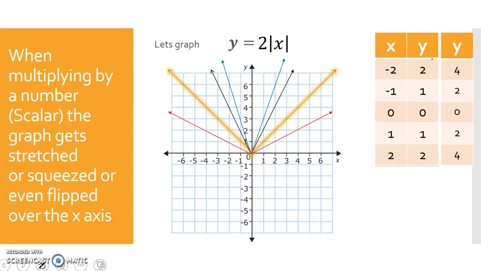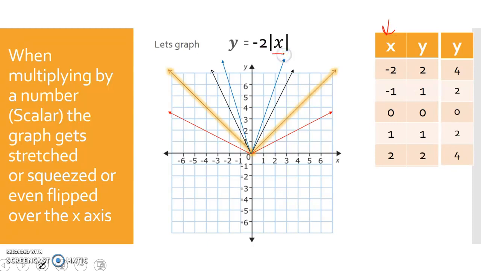So when multiplying by a number, or what's called a scalar, the graph gets stretched or squeezed, or it could get flipped over the x-axis. Let me show you what this would look like. Instead of multiplying by a positive value, a positive scalar, we can multiply by a negative number. So I take all of the x values, take the absolute value of them.